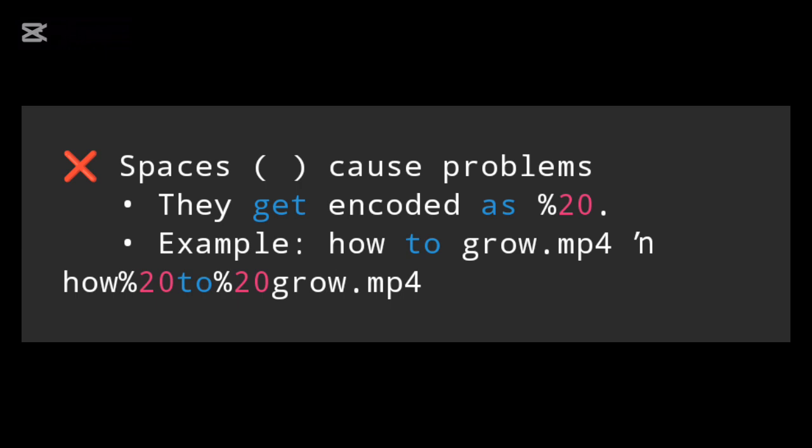For example, if your title is how to grow on YouTube, you see how your file name is gonna be renamed, and you don't want it to be renamed this way, how%20to%20grow. This one is not good for metadata. So always use the dash instead of the space.